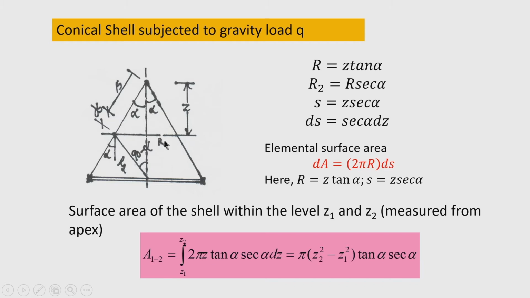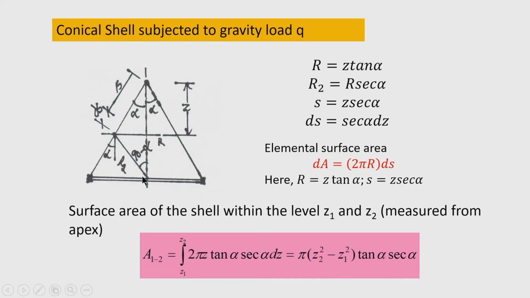The parallel of latitude, or parallel circle, has radius r. You can see that r can be related with z by a simple trigonometrical relation: r by z equals tan alpha. So r equals z tan alpha.